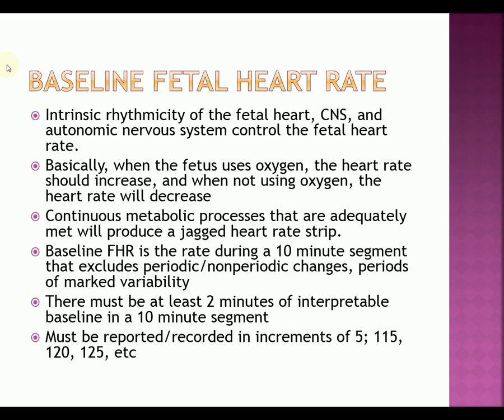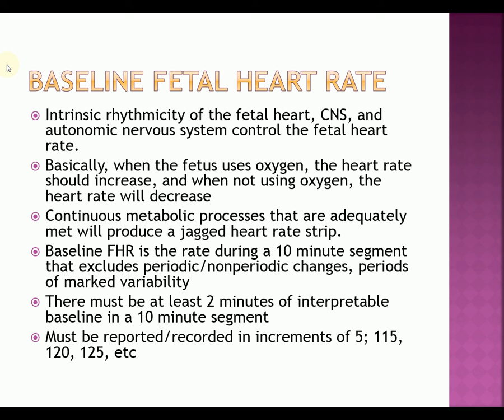So, continuous metabolic processes that are adequately met will produce a jagged heart rate strip. Basically, what that means is you will have moderate variability. Your strip will look just like you took your pencil and made little jaggedy lines all over in a straight path, all the way across.